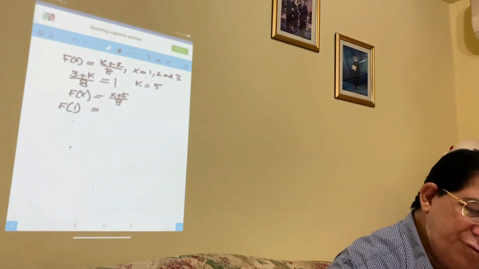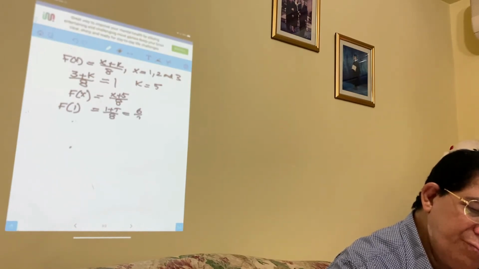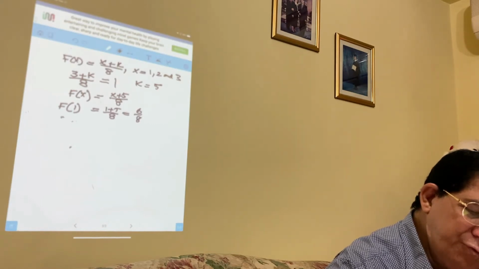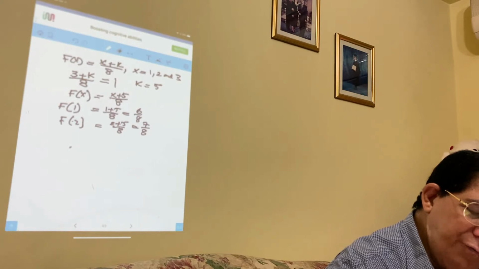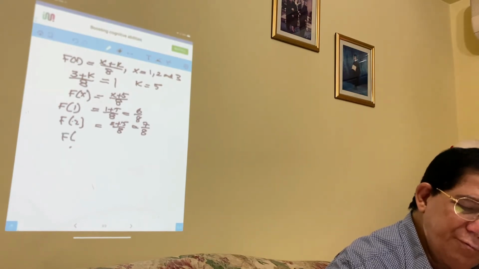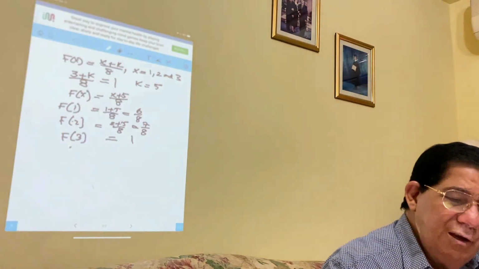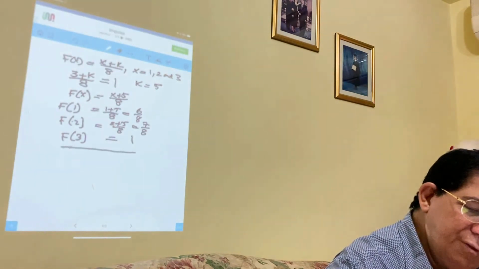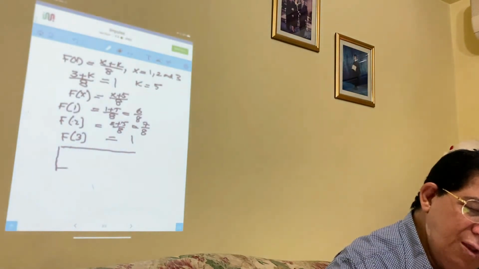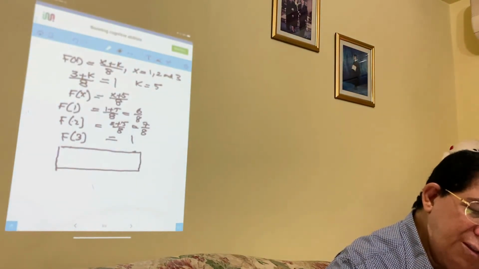It is 1 plus 5 over 8. This is 6 over 8. What is the value of F2? This is 2 plus 5 over 8, which is 7 over 8. What is the value of F3? Of course, it is 1. Now we wanted to make the probability distribution. The values we got there are the cumulative probabilities.